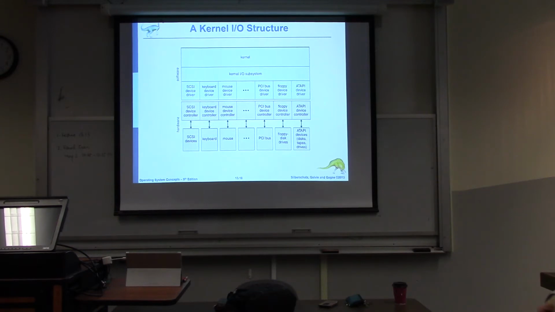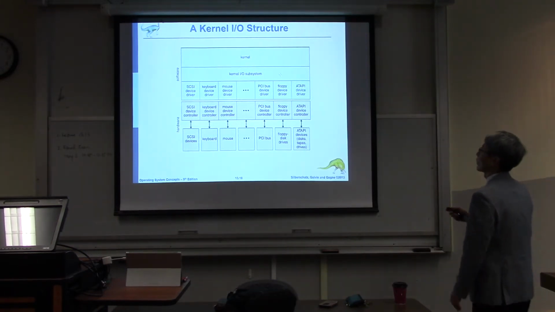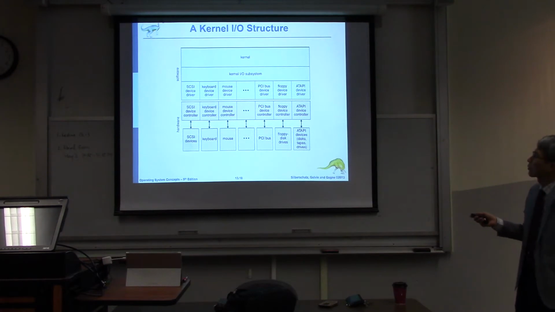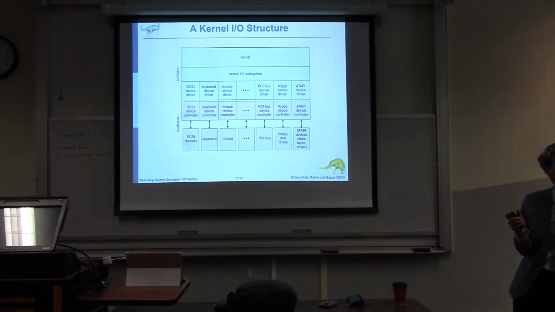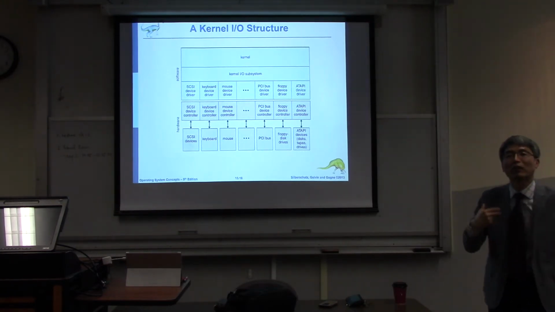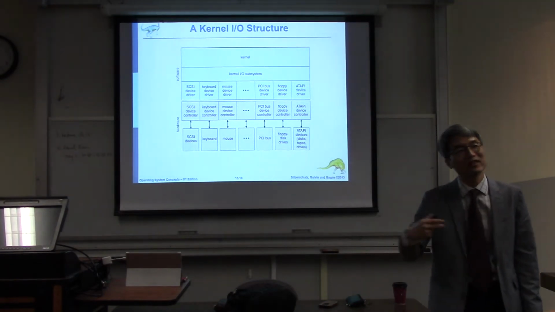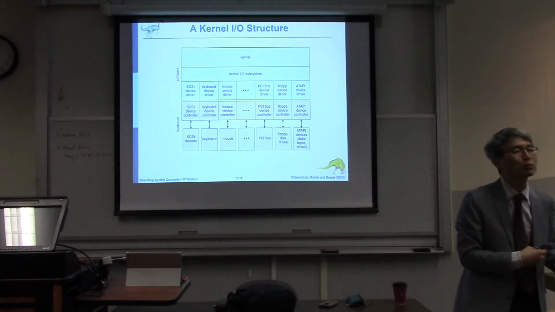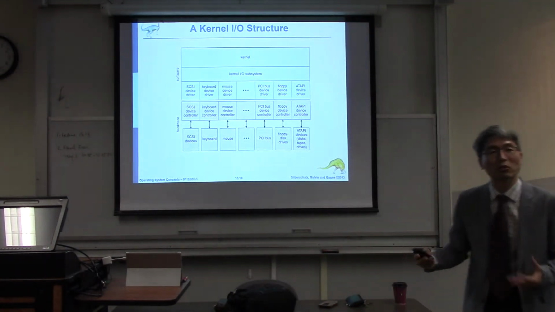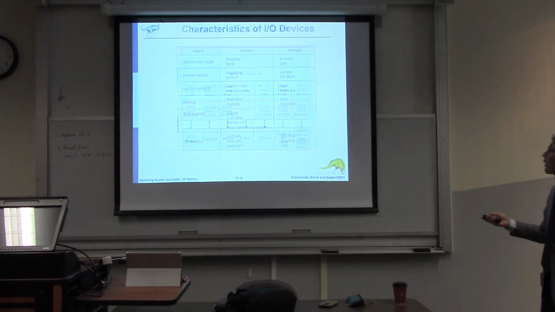Then you have the kernel I/O subsystem. Applications can access the device through the system library. As we discussed a lot, the operating system is an interface, so you provide the user a convenient way to use I/O devices.